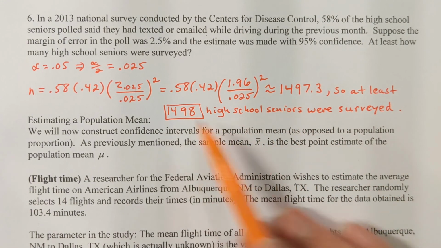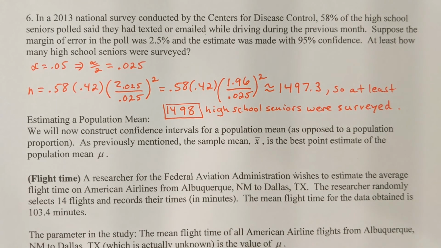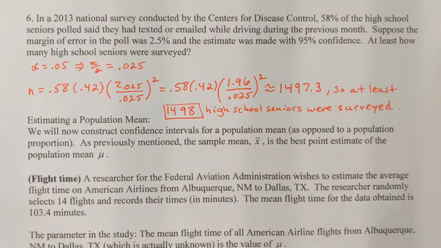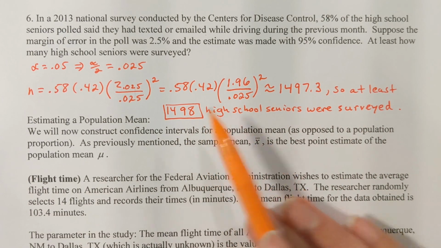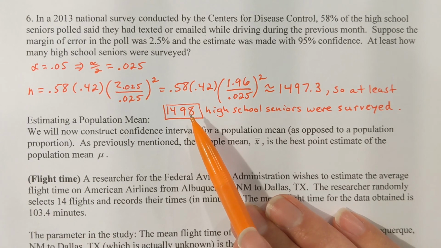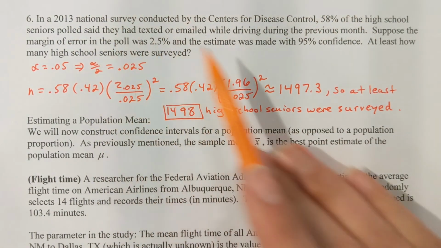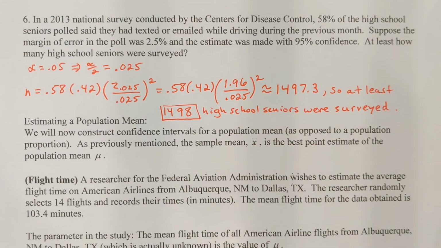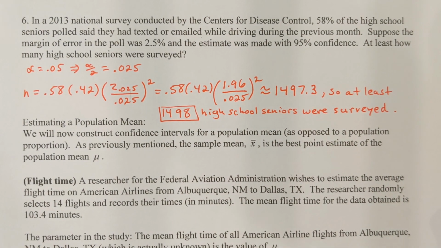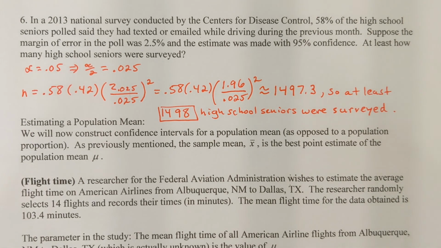You're going to round up and call it 1,498 high school seniors were surveyed. At least that many. Now we're not going to know the actual number, but at least 1,498 participated in order for all this information to have happened in the study. Okay, we are now done with section 9.1.